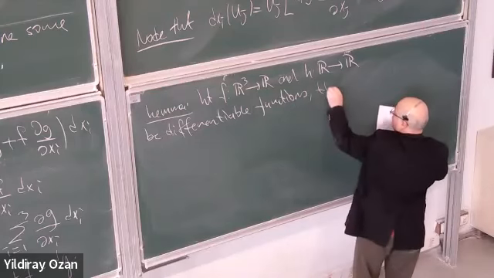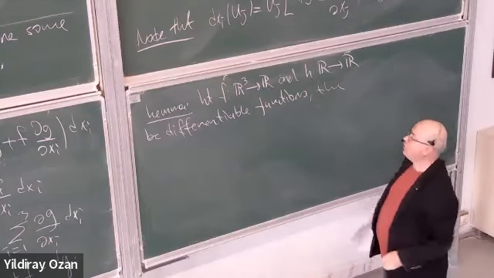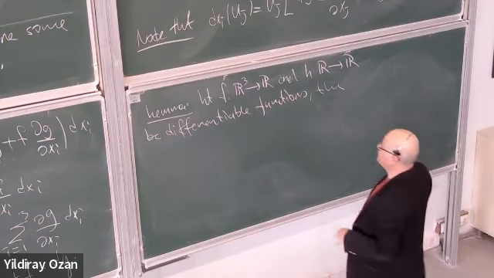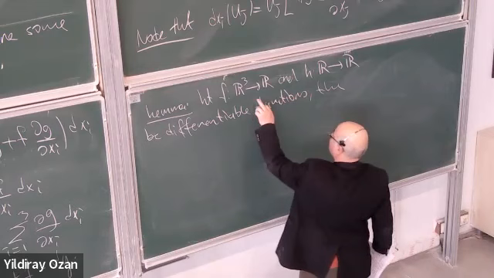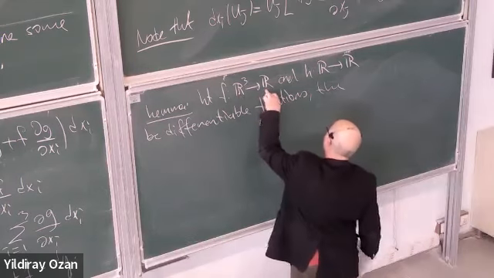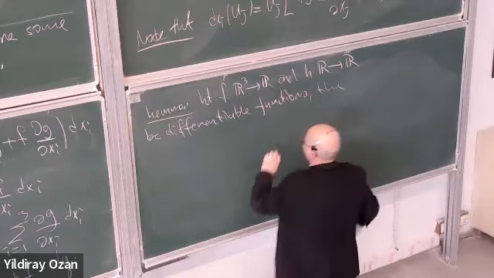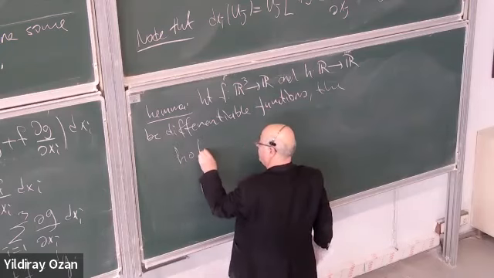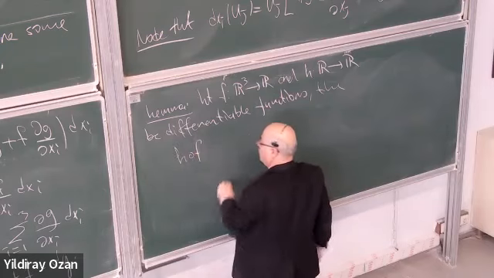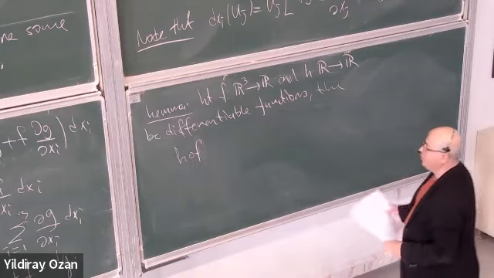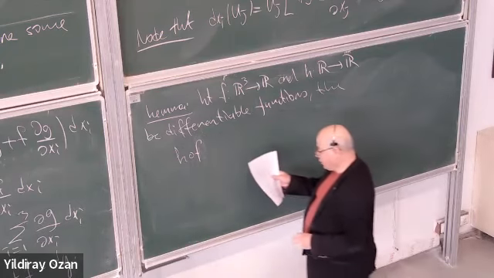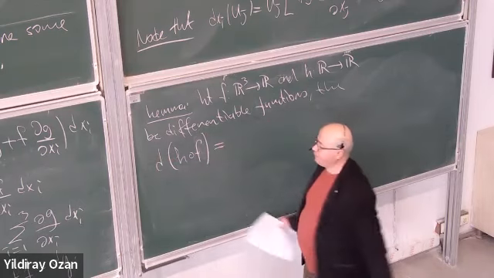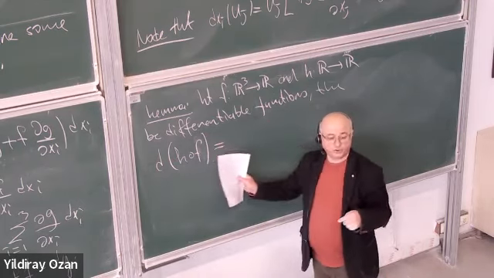Then we may compose these two given functions. I may first go by f and then by h, so h composition f, right? And I may talk about, of course, the differential of this. Now, this is a function from R3 into R.